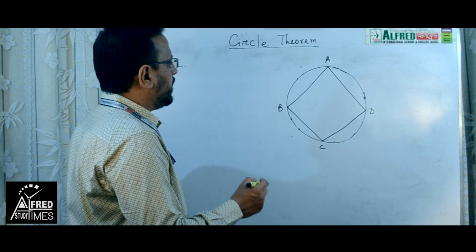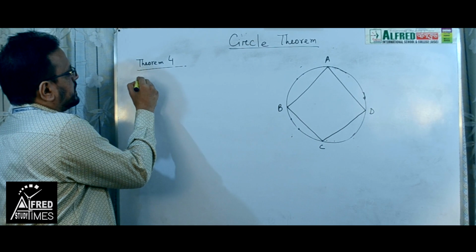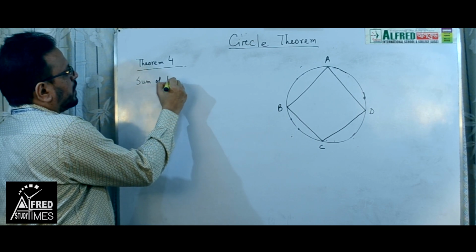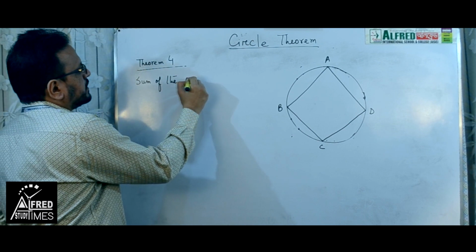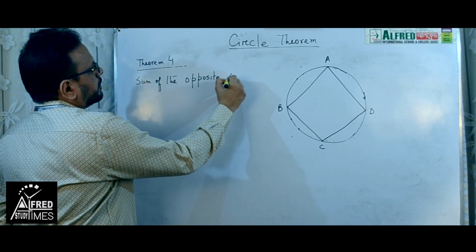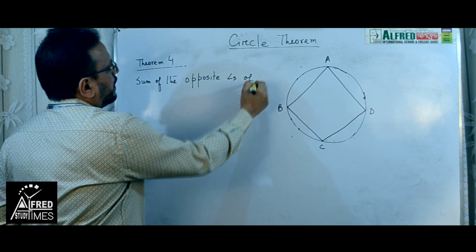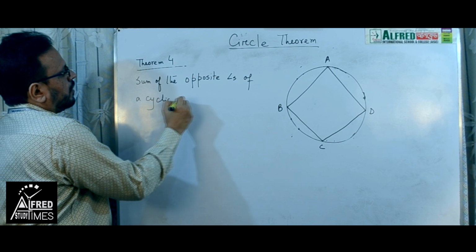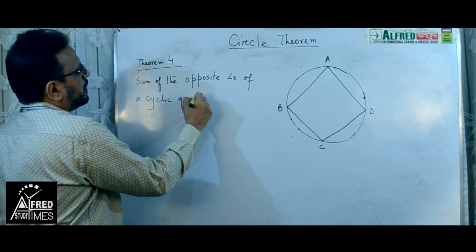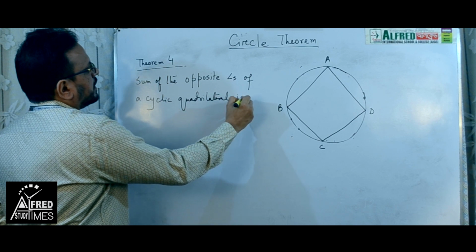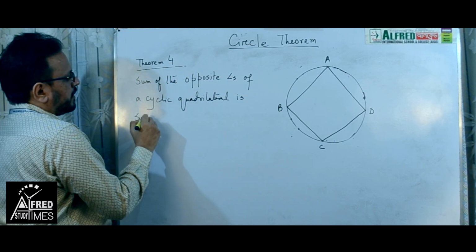So I am writing the theorem here: sum of the opposite angles of a cyclic quadrilateral is supplementary.